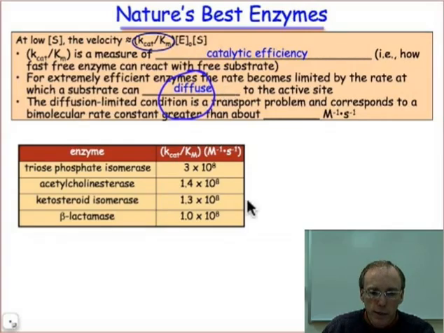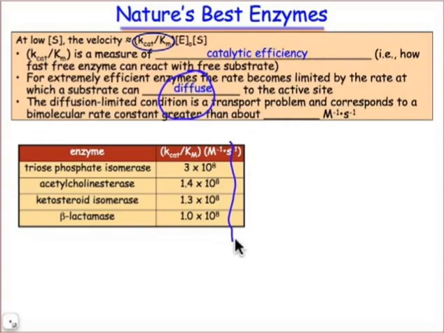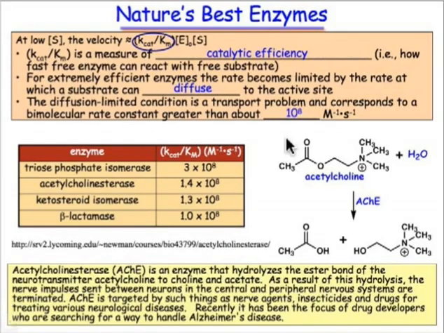And that value tends to be, as you can see for nature's very best enzymes, about 10 to the 8th. Beyond that, a second order rate coefficient faster than 10 to the 8th has reached the point where the rate limiting step is the transport of the substrate to the enzyme active site. We can really never achieve a rate that's any faster than that.